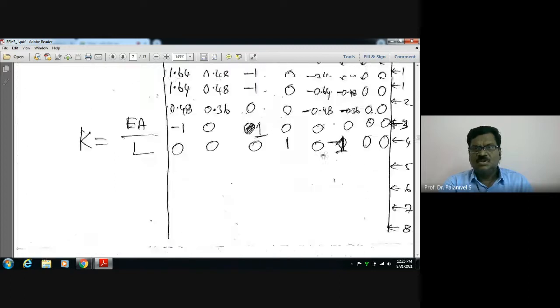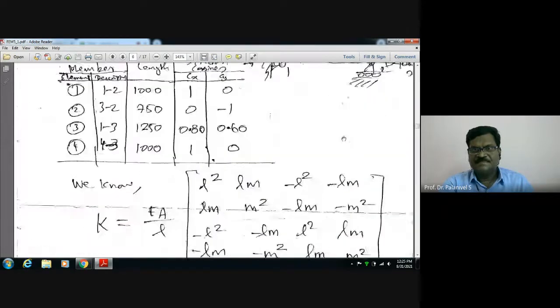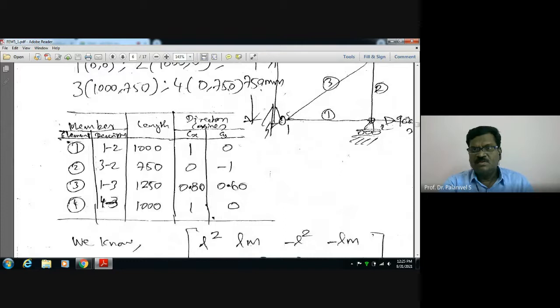At node 2 of the truss, you have 90 kN horizontally and one reactive force is there. That you will not write, you can put a dash because the vertical displacement here is constrained. So if you apply the boundary condition, automatically U1, V1, U2, V2 become 0. Otherwise, you need not write the support reaction here.